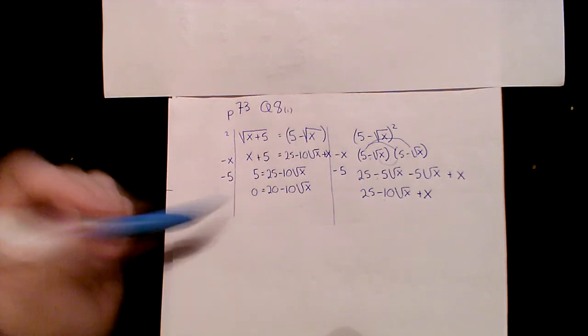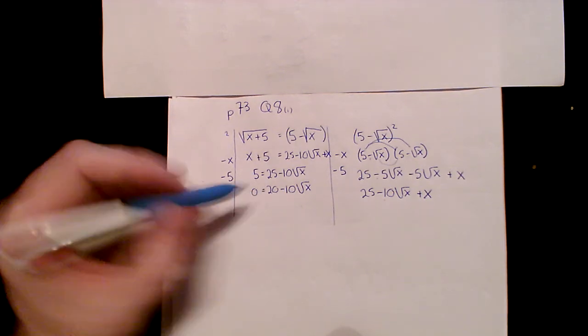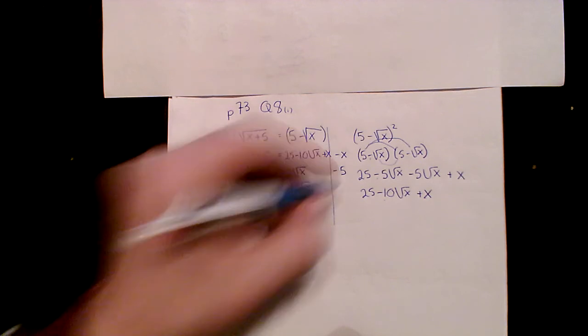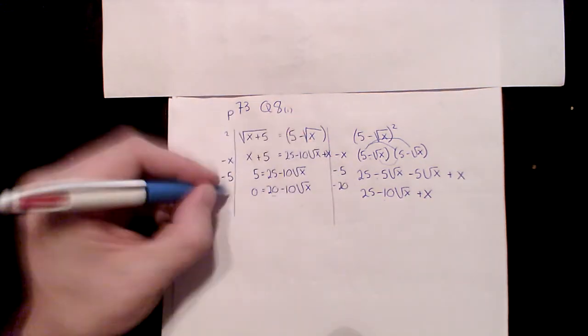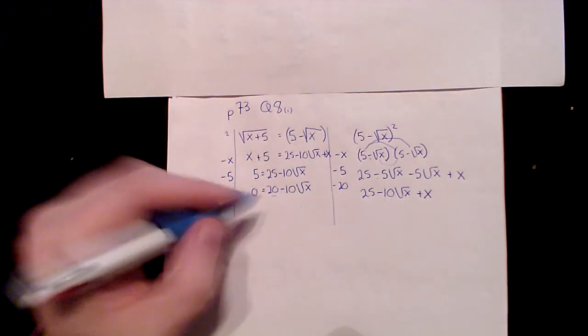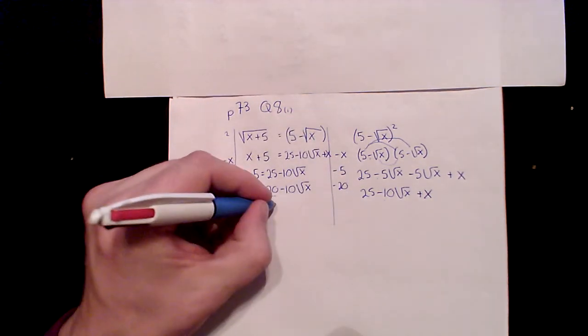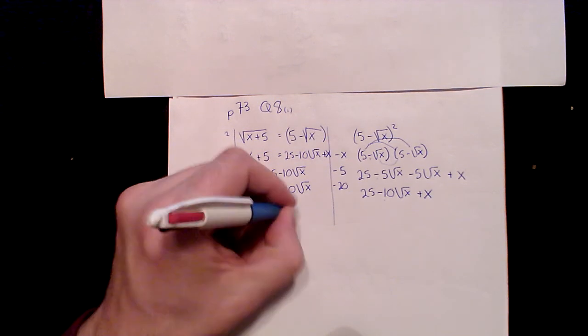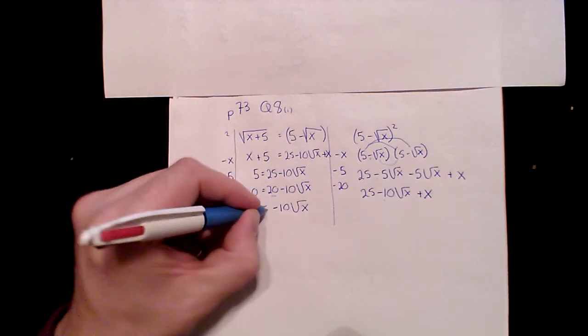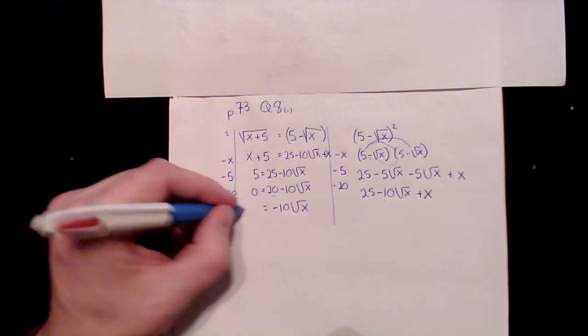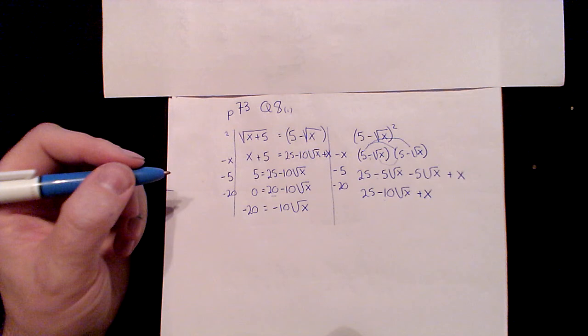So if I bring this 20 across, or I suppose what I should say really is, if I take away this 20, I need to take it away on that side. So if I take away 20 from this, I'll just be left with minus 10 root x. And if I take away 20 from this side, I'll actually have a minus 20.